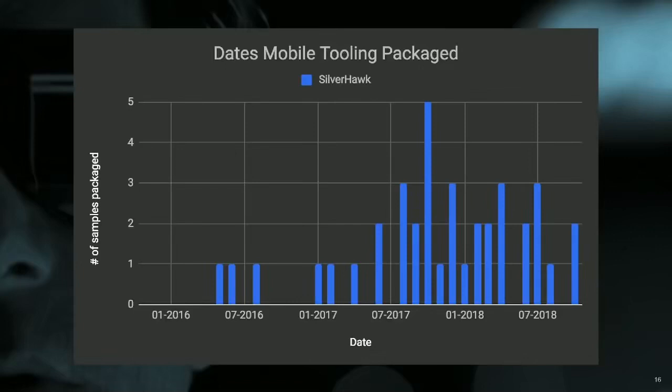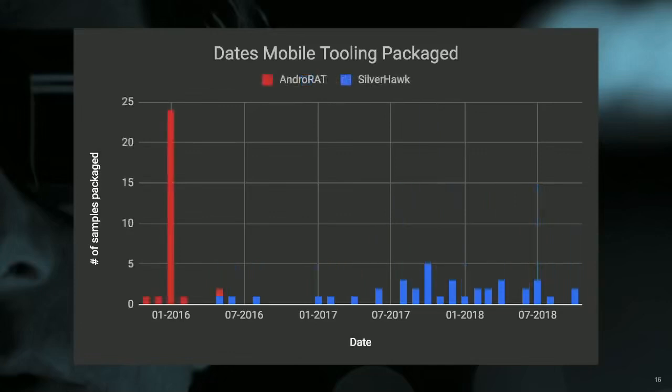So if we jump back and do the same sort of date analysis that we looked at previously, we can see that the JadeRAT development took place in early 2016, and they were pretty heavy there, creating a number of different Trojanized applications before actually moving to doing their own custom development.